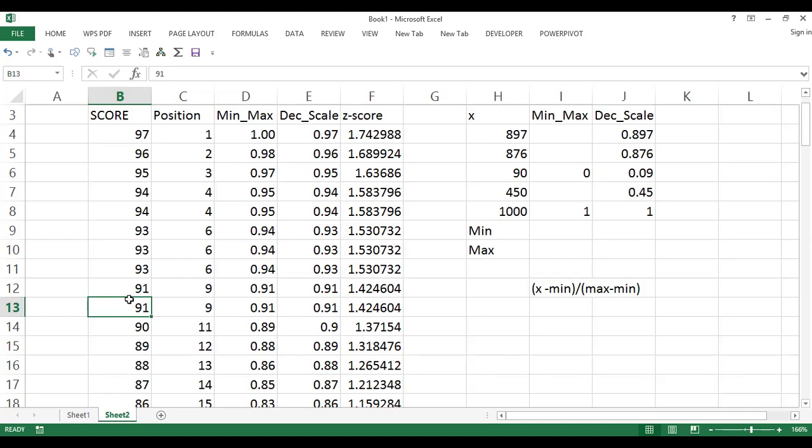But in most cases, it's not necessary. Now, if you want to get this value back, it's just the normal change of subject formula.